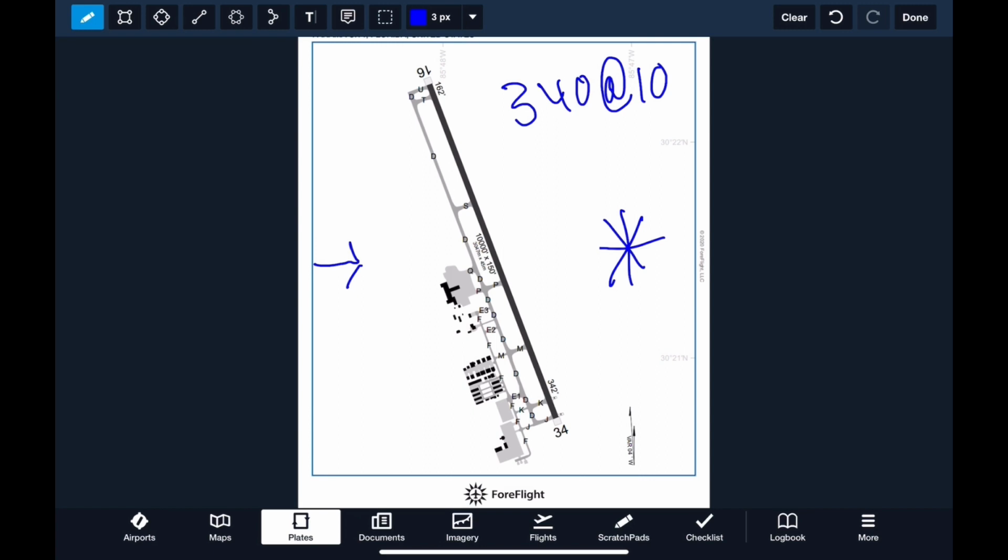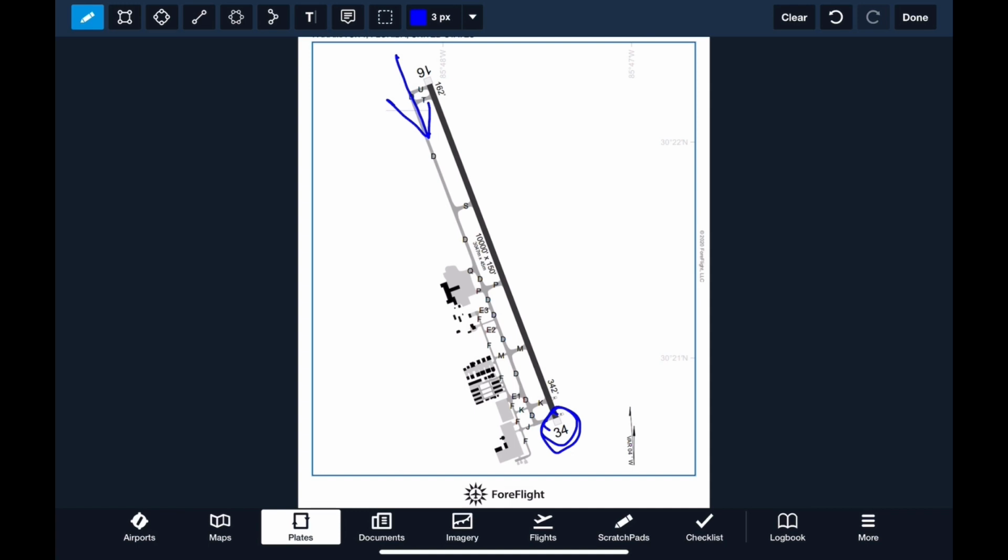So if we have wind coming from 340 at 10 knots, now if you remember from a Part 107 METAR question video, it's always where the wind is coming from. So that tells me the wind is actually coming like this. So a direct heading of 340. So what does that mean for the pilot? They're going to want to land on runway 34, right? Because they want to land into that headwind.